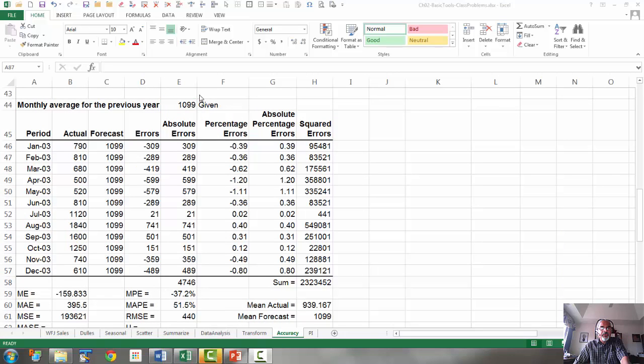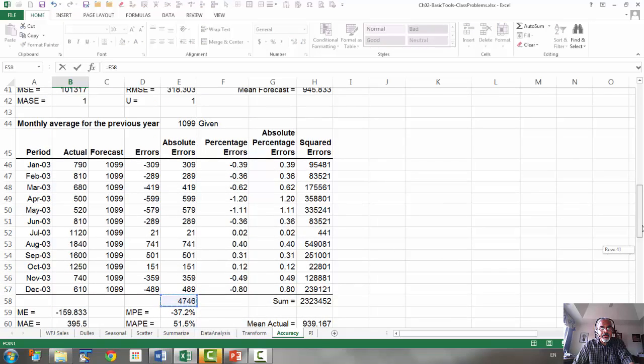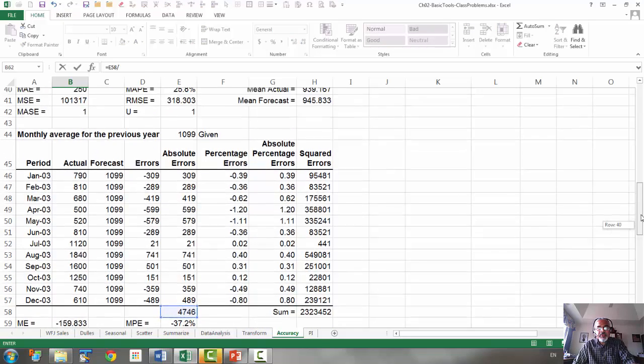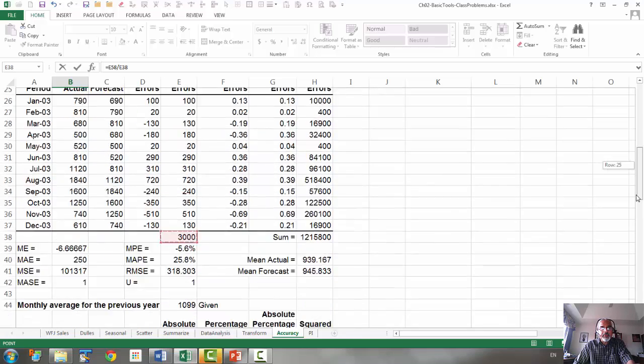Okay, here is the table for monthly average from previous year of 1099. If you use that as a constant forecast for all the 12 months, these are the error measures that we will get. And now the MASE and U, okay, that would be, you take the sum of the absolute errors of this model, and divide by the sum of the absolute errors of the random walk model.